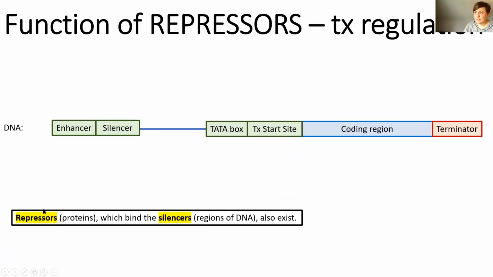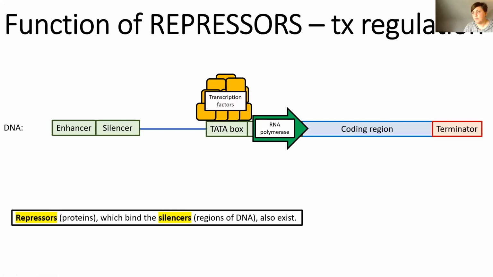Repressors work similarly, sort of. You have your core promoter composed of the TATA box and a transcriptional start site, the coding regions of your gene or the nucleotides that you need to actively transcribe into mRNA, and you have the end of the gene, the terminator. Upstream of your gene, you have the regulatory region. RNA polymerase binds to the transcriptional start site. Transcription factors bind to RNA polymerase and the TATA box to form the pre-initiation complex.